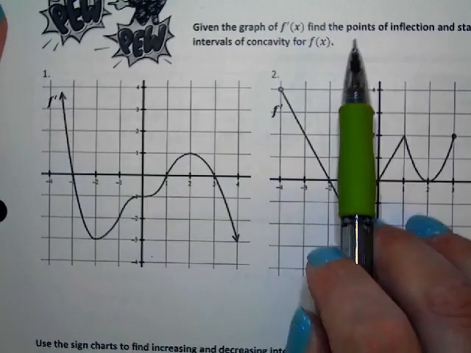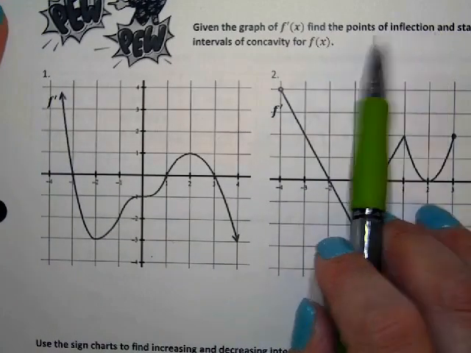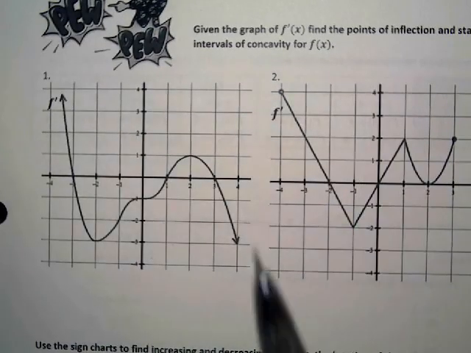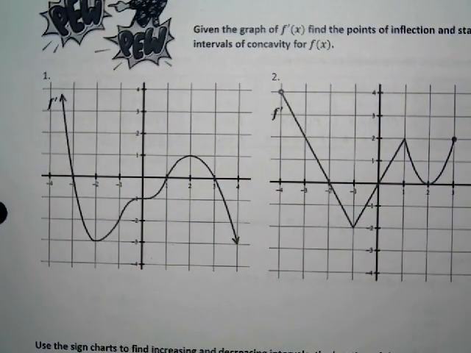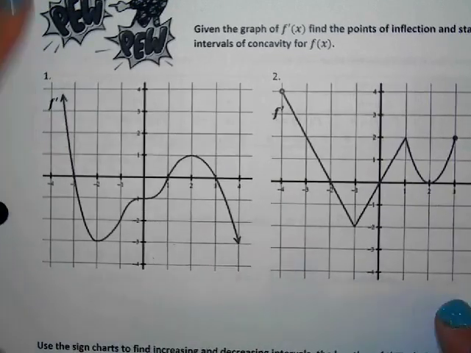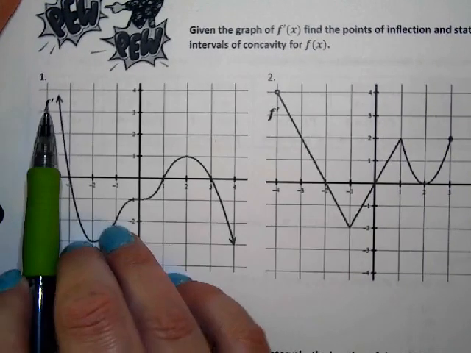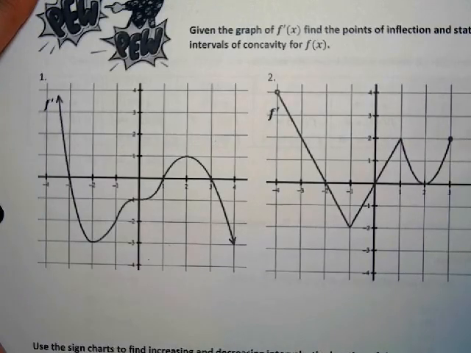They don't have a name, but it's kind of the critical points of the derivative graph. So when we're looking for the points of inflection, we're looking for where f double prime equals 0. So where on the graph, if this is the first derivative, where would the second derivative equal 0? At 0, -1.